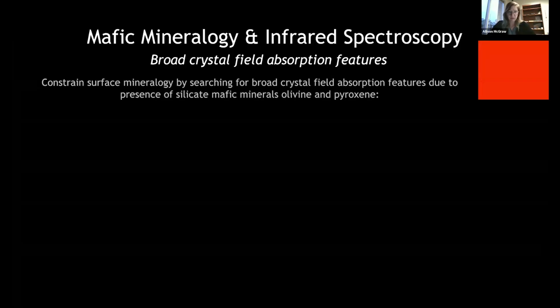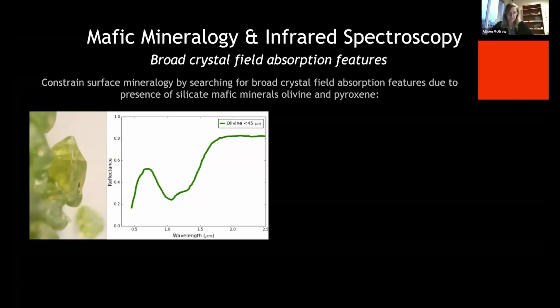Next slide, please. And I will have I believe it's 5 clicks here, so you can just slowly click forward. So using infrared spectroscopy, we can identify mafic mineralogy to identify these broad crystal field absorption features, olivine being the identifier near 1 micron with this large absorption feature.